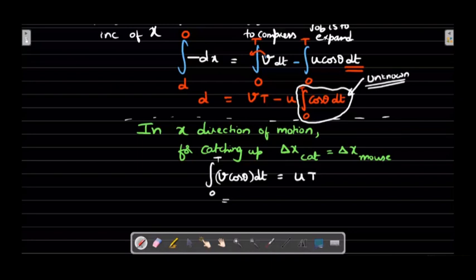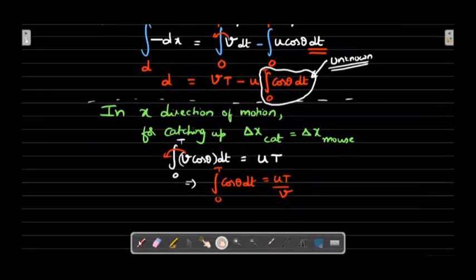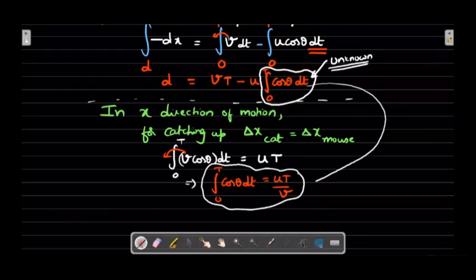So this should give you that the integral from 0 to capital T of cos theta dt, I brought V out and I'm sending it to the other side, is ut by V. Can you see we achieved our goal of estimating this cos theta? So this unknown has been estimated here using some common sense.